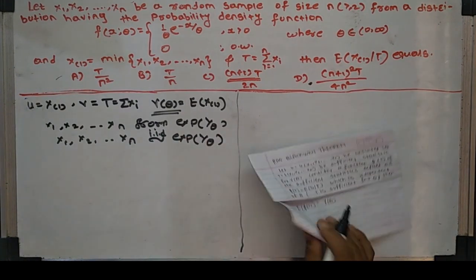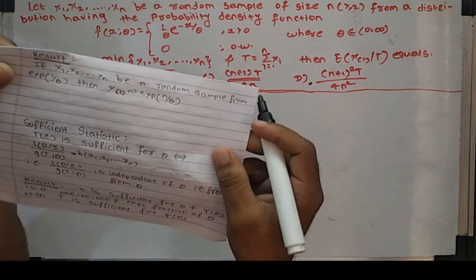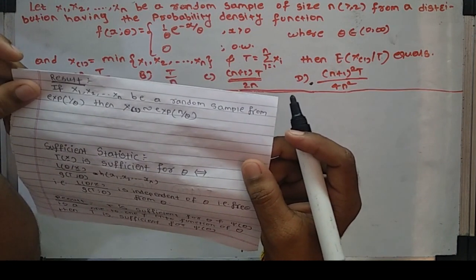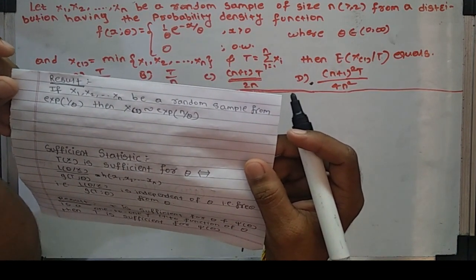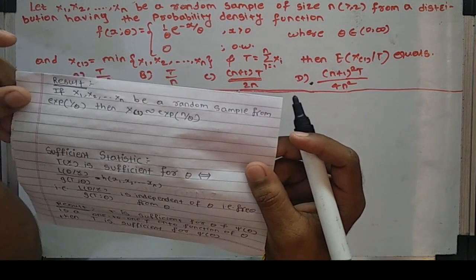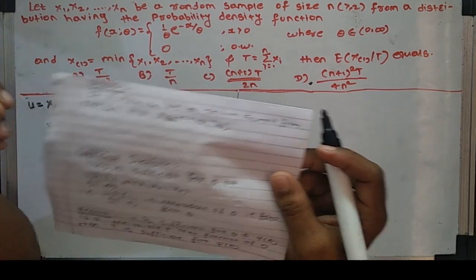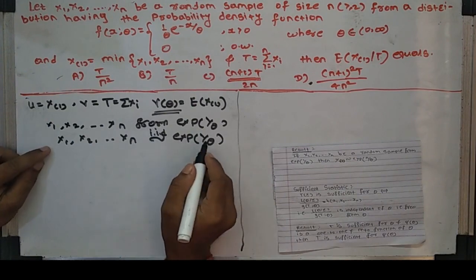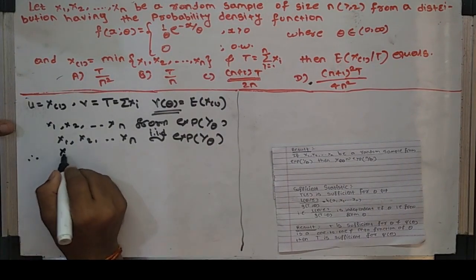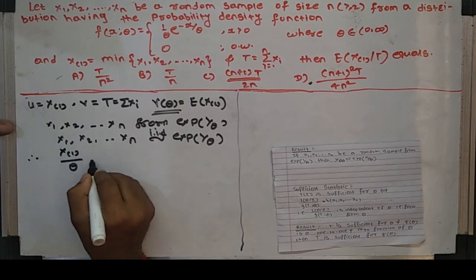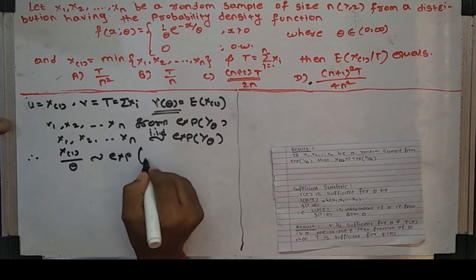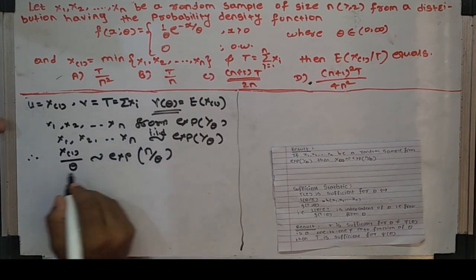We know the result of order statistics: if x1, x2, ..., xn is a random sample from exponential with mean theta, then X(1) follows exponential with mean theta by n.